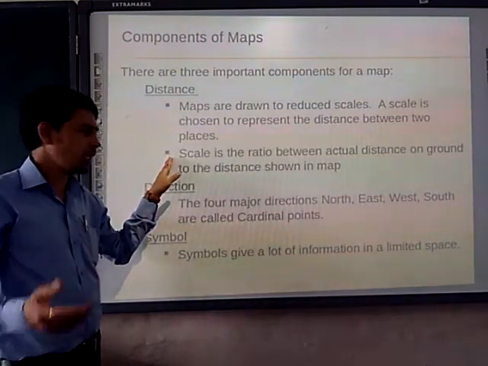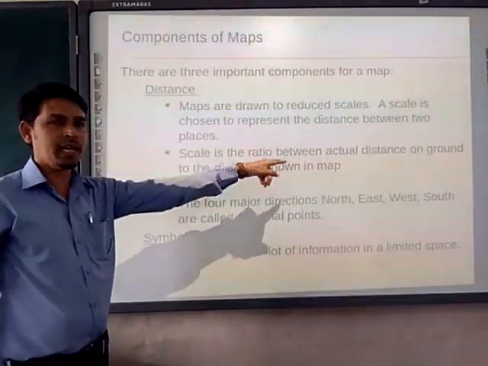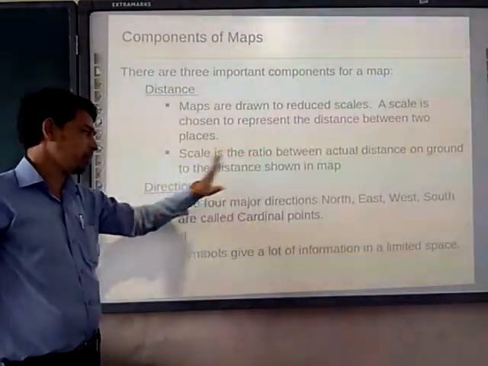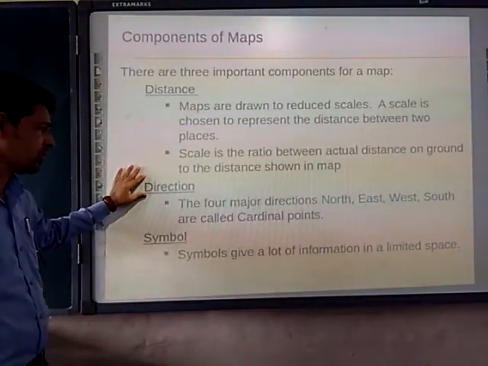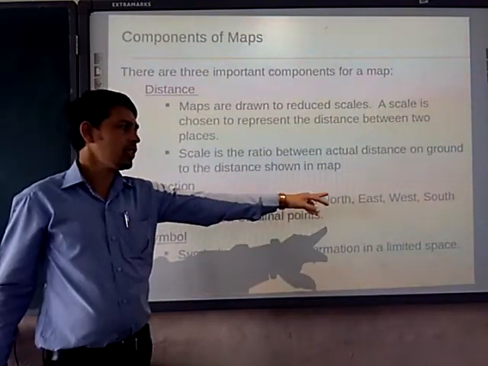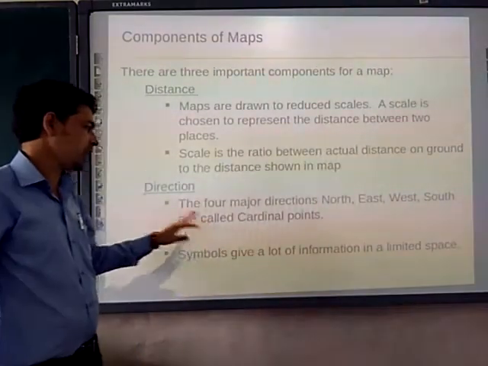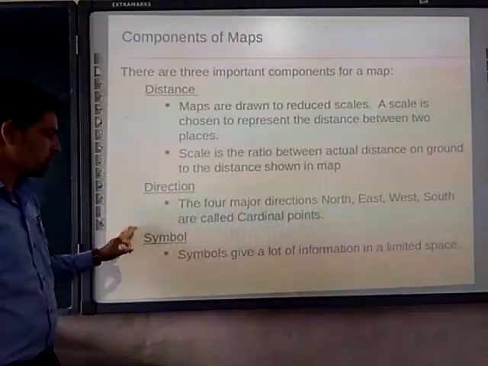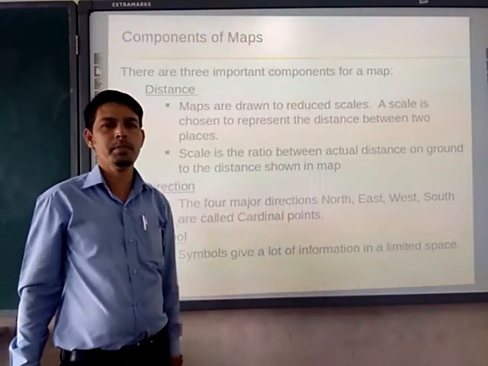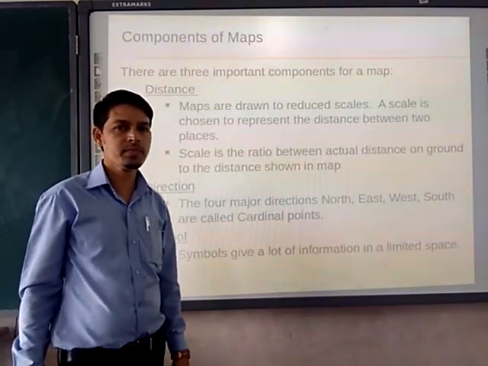What is the meaning of scale? Scale is the ratio between the actual distance on the ground and the distance shown in a map. What is direction? That means the four directions we know about: north, east, west and south. These are the cardinal points. Symbols give a lot of information in a limited space, right?